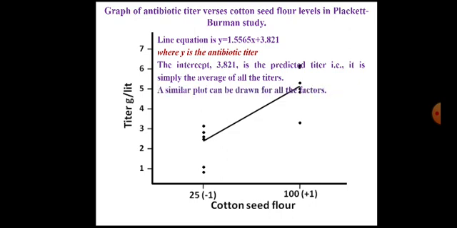A similar plot can be drawn for all the factors separately so as to obtain the parameter estimate slopes for all the factors, which can be assembled in a table. There is certain statistical software such as JMP that can be used to quickly calculate the parameter estimate and perform the statistical analysis of the data.